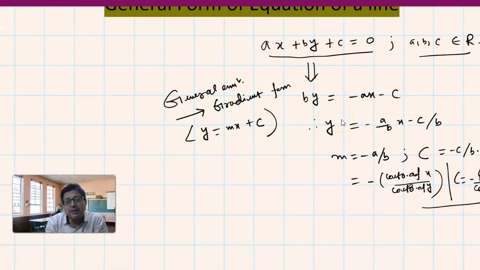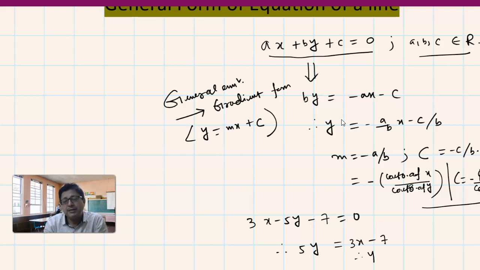Let us apply it in one sum. It is say 3x minus 5y minus 7 equal to 0. We can write this one as 5y equal to 3x minus 7. So y is going to be 3 by 5 x minus 7 by 5.